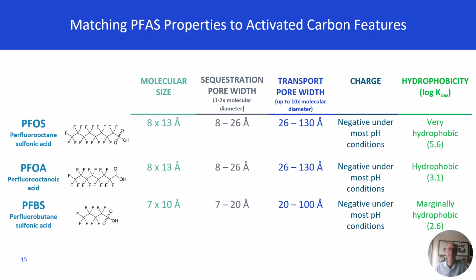In addition to size, there are two key elements for maximizing absorption: the charge of the contaminant and the hydrophobicity. Each type of carbon, coconut, coal, wood, etc., have characteristics to take advantage of these key elements.